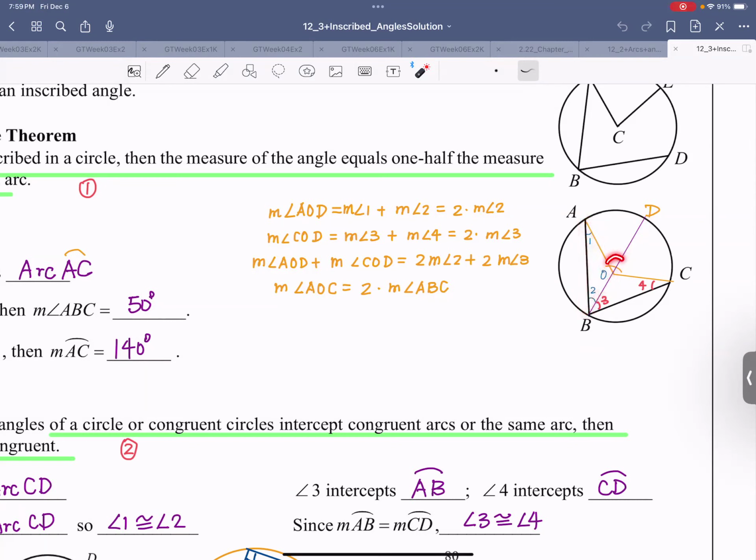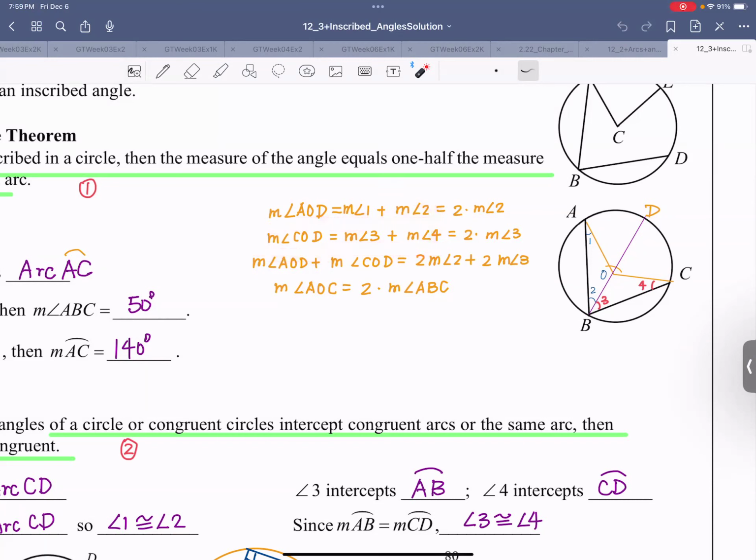So angle AOD equals who plus who? Angle 1 plus angle 2. Very good. Keep going. How about this? Angle COD equals who plus who? 3 plus 4. Good. So you have these two. Go ahead, write down these two here.